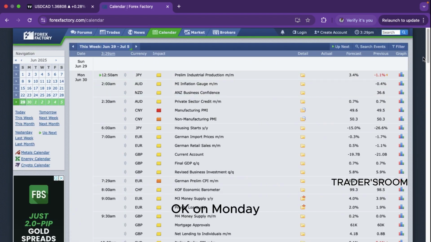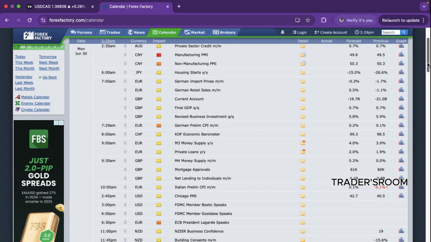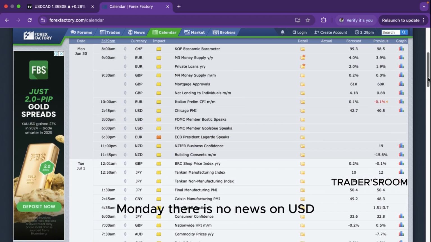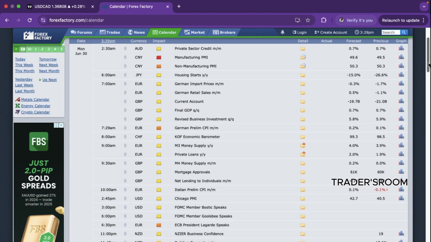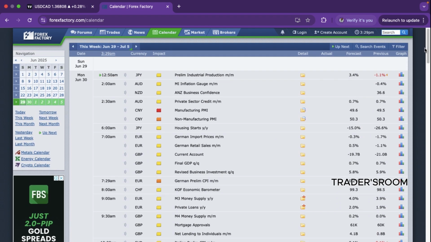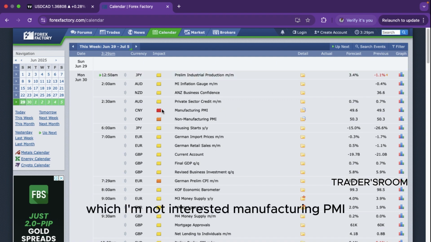Okay, on Monday there's no news on USD. There's no red folder news. The only red folder news we have here is CNY, manufacturing PMI, which we are not interested in because we're not trading a pair that has to do with CNY.